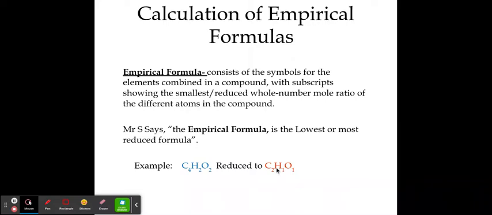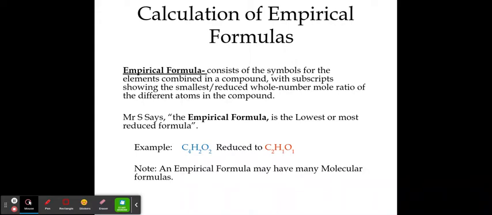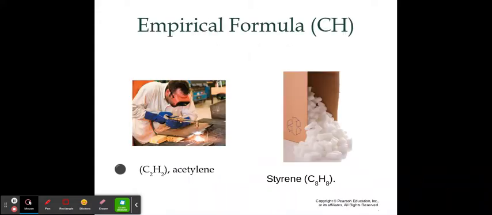Now, empirical formula C2H1O1 may have additional molecular formulas. So this might not be the only formula that can be reduced down to this one. There could be others as well. Okay? So note, an empirical formula may have many molecular formulas, ones that are greater in numbers. Okay, so here we go. Here's an empirical formula, CH.